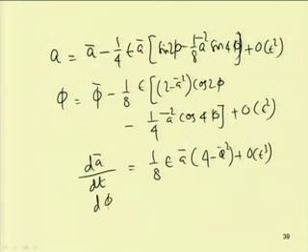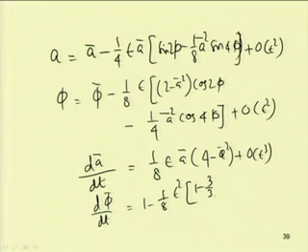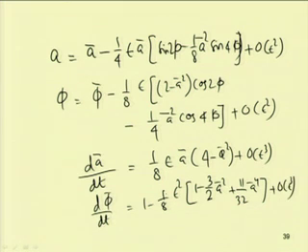Similarly, d phi bar by dt equal to 1 minus 1 by 8 epsilon square (1 minus 3 by 2 A bar square plus 11 by 32 A bar fourth) plus order of epsilon cube. So, this solution matches well with the already obtained solution using the method of multiple scales.